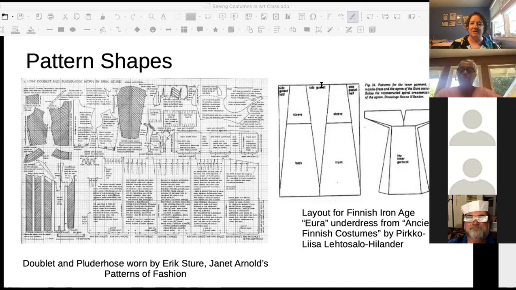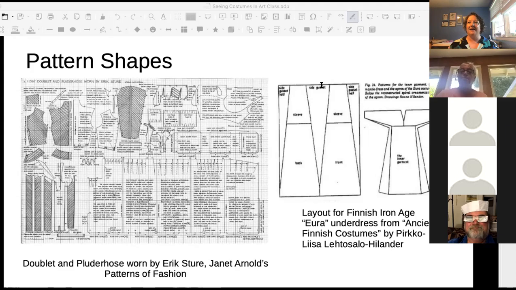As a last resort, if you're like, I've got nothing else to look at, please help someone, you can look at the shapes commercial patterns are putting out for the time period that you're interested in. Obviously, they're not going to be necessarily the most historically accurate, especially if you're looking at the big four pattern companies, the ones you find at a Joann's or at a Hobby Lobby.